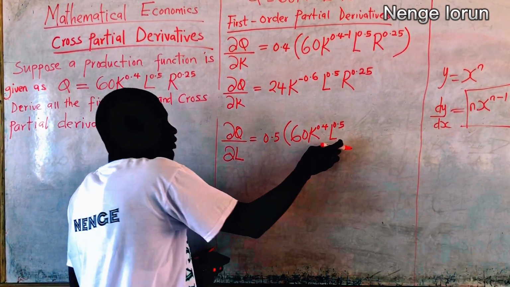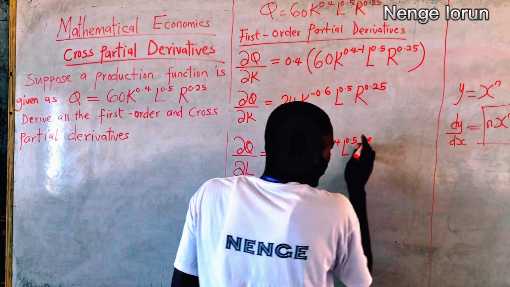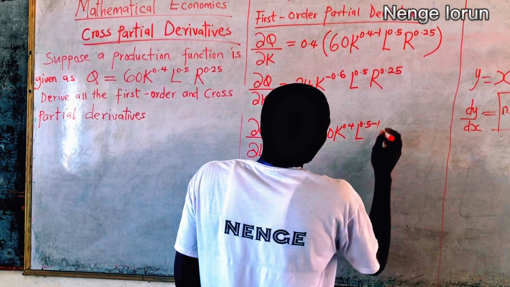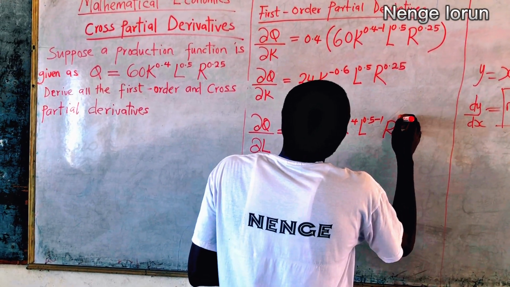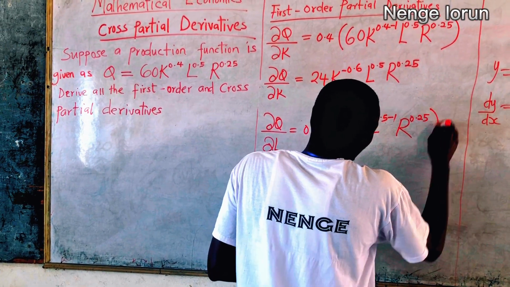Since we are differentiating with respect to L, we are going to subtract the power of L by 1. Then R raised to the power of 0.25 is held constant.